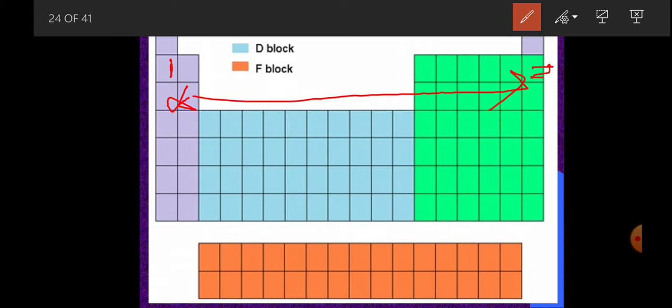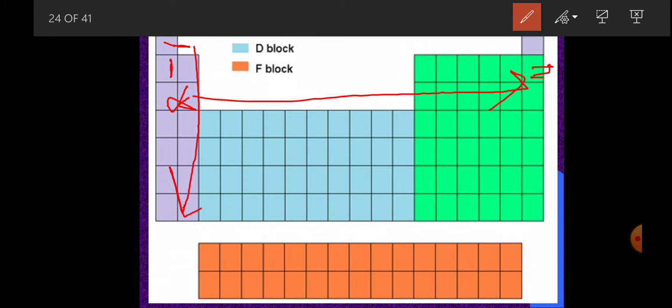For the periods, we can also count from the top and go downwards until the bottom, meaning we can count at least 7 periods. So the periods and groups group our elements.